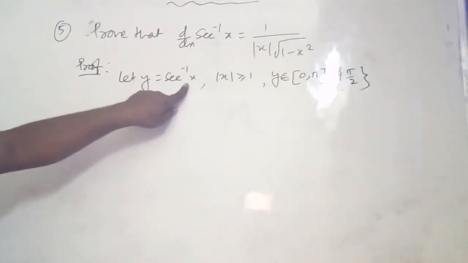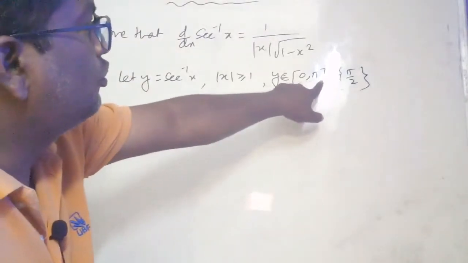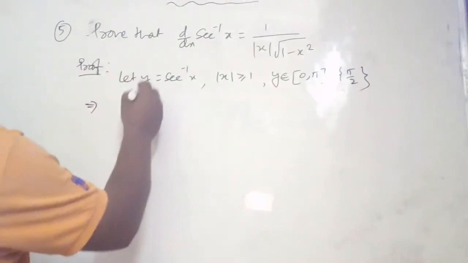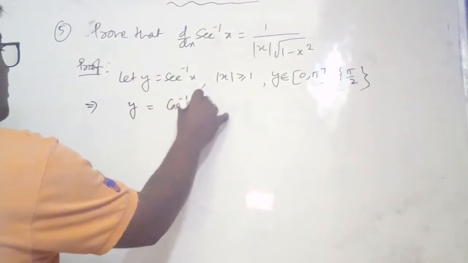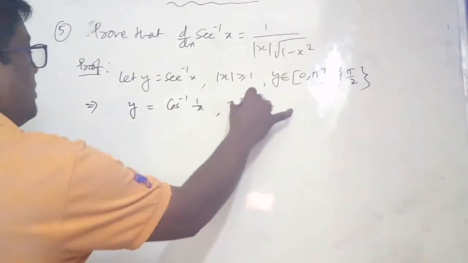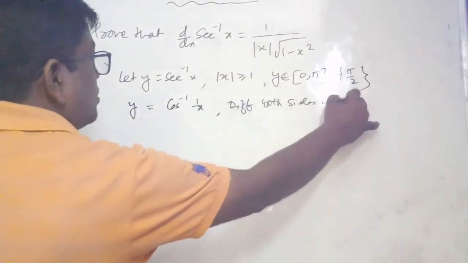Let y equal to sec inverse x, mod x greater than or equal to 1, y belongs to 0 to pi minus pi by 2. Or this can be written as what? y is equal to cos inverse 1 by x. Okay, differentiate both sides with respect to x.